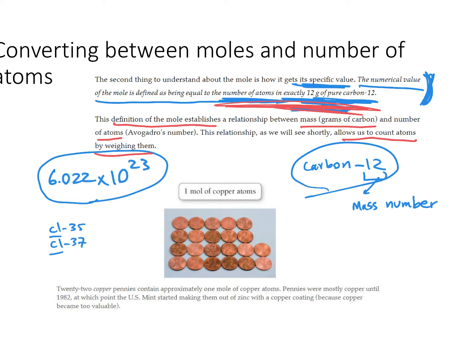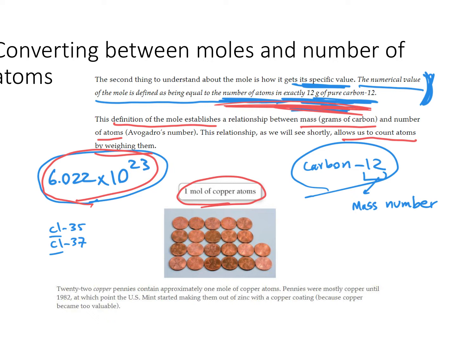Okay. And here we have 1 mole of copper atoms. Your book wants to give you an idea of how big this number is, and give you some tangible examples.